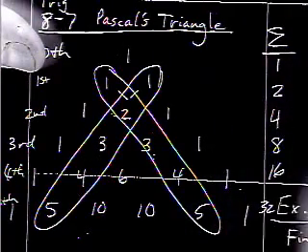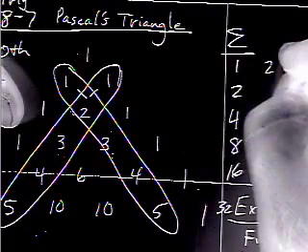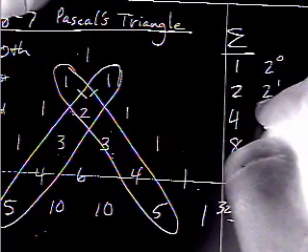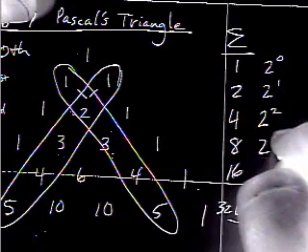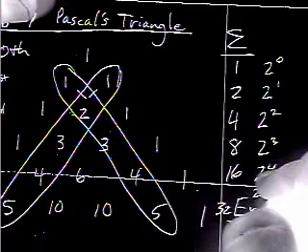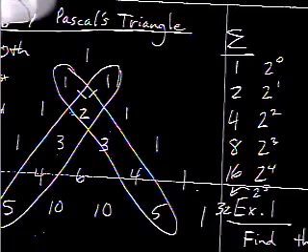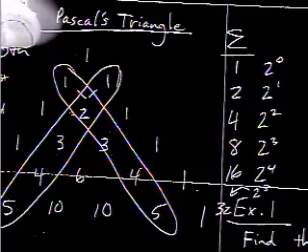Oh, look, that is true. 2 to the 0, 2 to the first, 2 to the second, 2 to the third, 2 to the fourth, 2 to the fifth. Well, that's pretty cool. So as long as I know the name of the row, I can tell you the sum of the entire row.